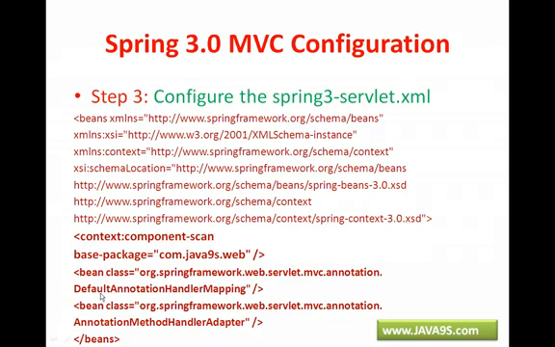And here with this handler mapping, we are telling the Spring 3 MVC framework that we are going to use the annotation handler mapping concepts. So this is the default annotation handler mapping, and annotation method handler is the other one which is actually used to route to our controllers automatically. So this is the basic part of the XML configuration.